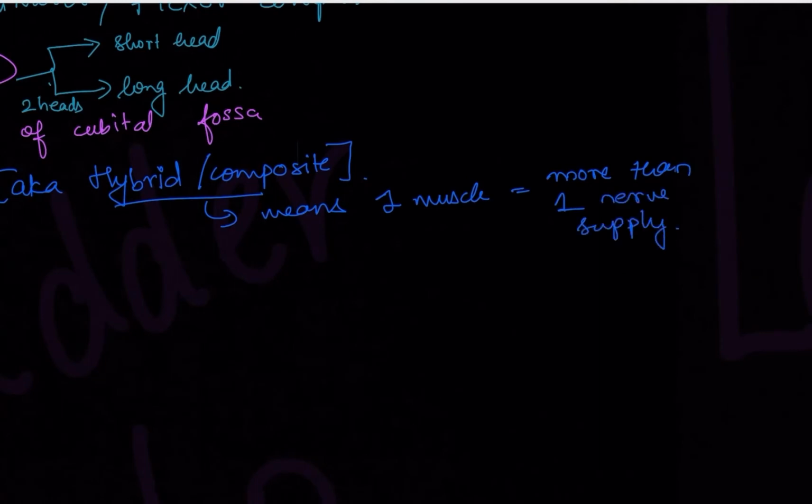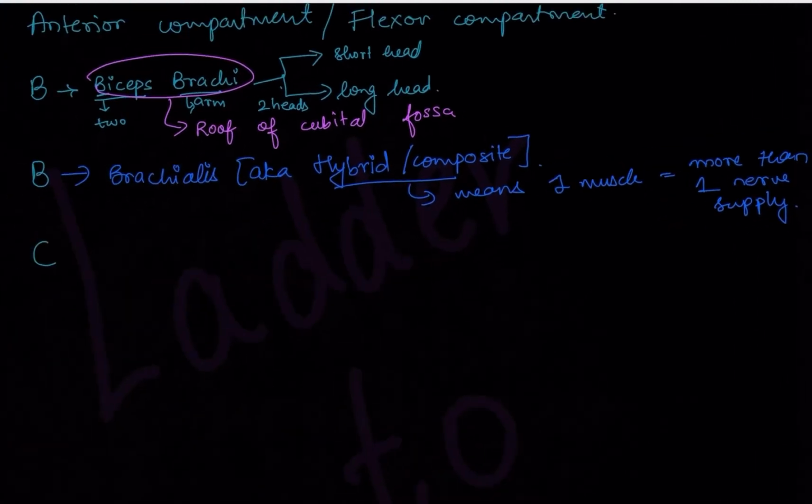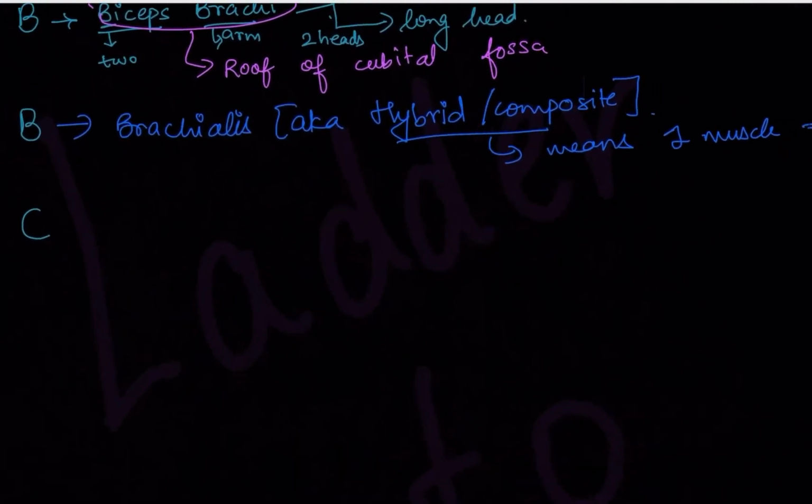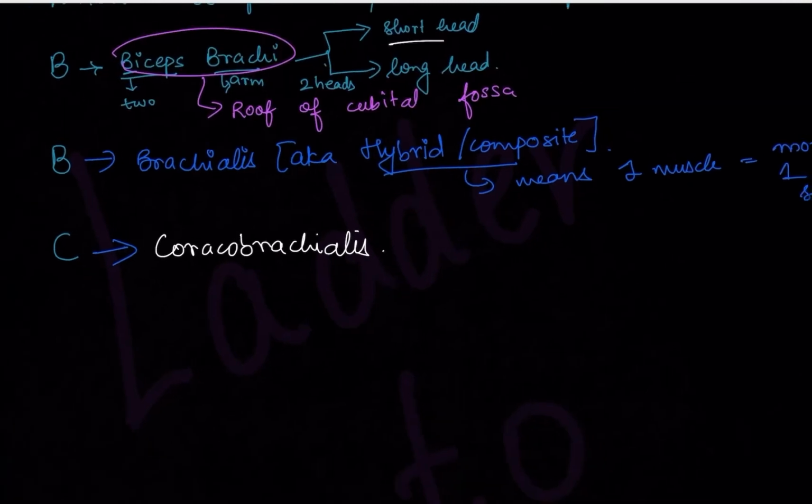There are a few more such muscles. When we do them, I will tell you about them simultaneously. So you have to remember brachialis is also a hybrid composite muscle. I'll let you know in the next few minutes which two nerves supply it. Now this is coracobrachialis. C stands for coracobrachialis. We have done that coracobrachialis and the short head of biceps originate, right?